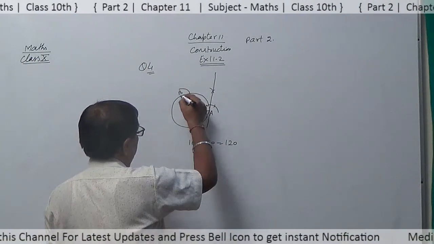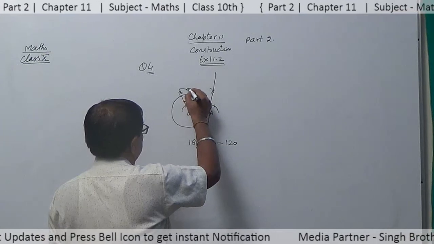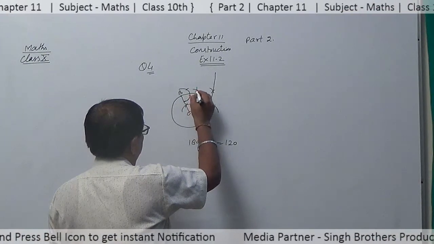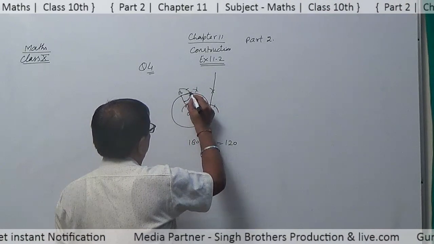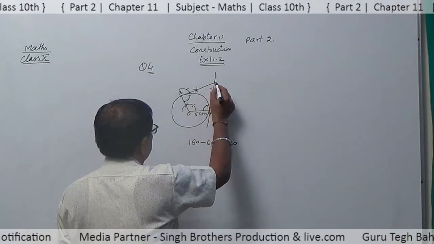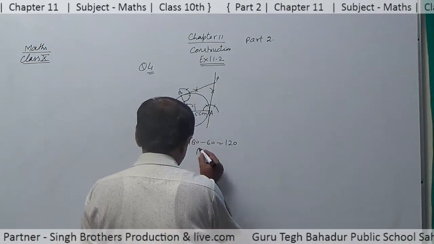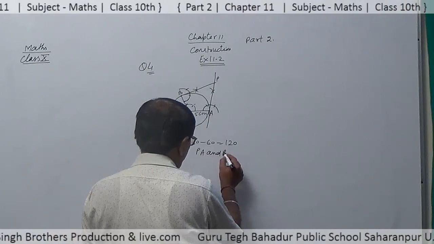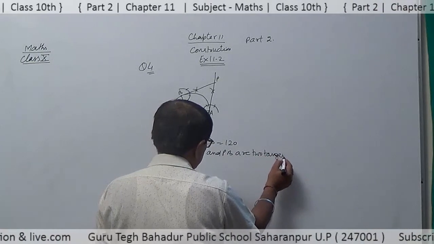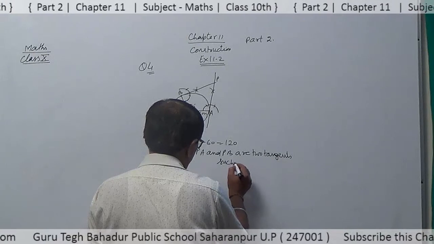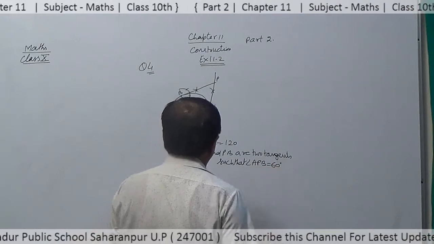We will draw the arc from point B. Then this is 60, this is 120, and the perpendicular of it is 90 degrees. So, both intersect at point P. PA and PB are the two tangents such that angle APB is 60 degrees.